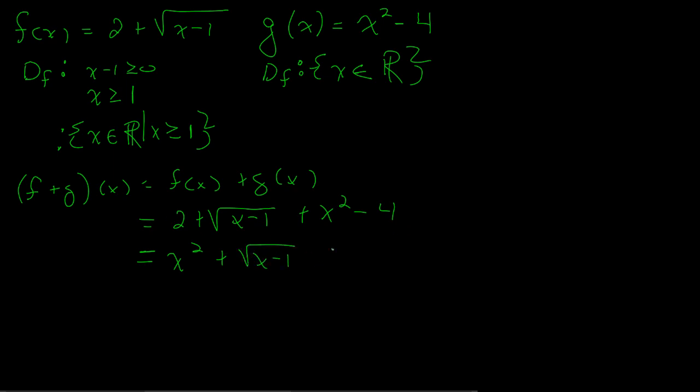But the 2 and the 4 can come together, giving me a minus 2. Now there's some neat things we can do with this. This new function, f plus g of x, I can find its value. Since x had to be greater than or equal to 1, let's find its value at that boundary of 1. So I could put 1 into this new function. I would get 1 squared plus the square root of 1 minus 1 minus 2. That's going to zero out, and so I get 1 minus 2, or negative 1.